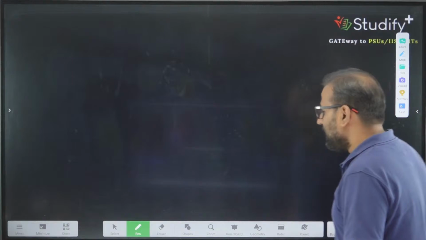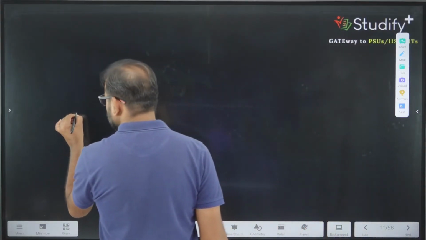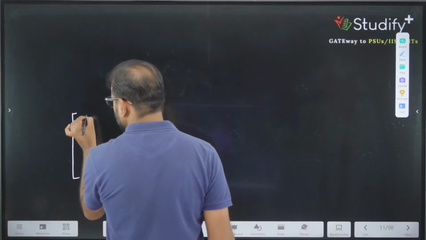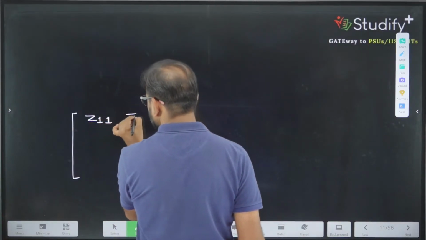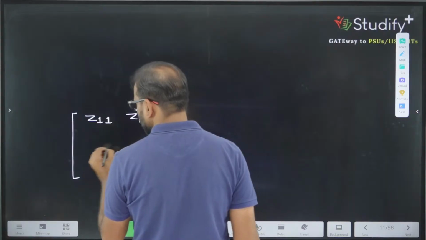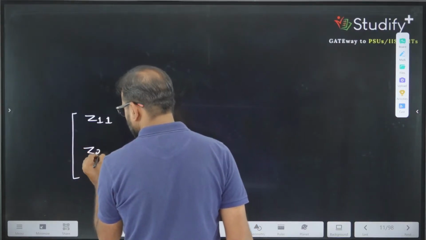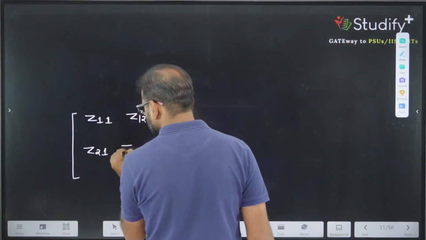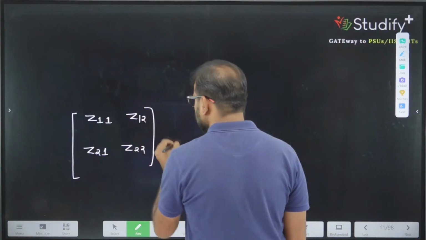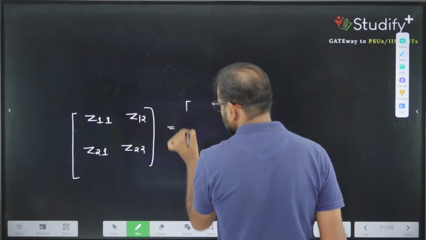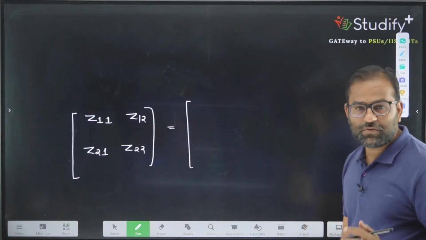So whenever I say that something is a Z parameter for a two-port network, Z11, Z12, Z21 and Z22, I can say there is a meaning for Z11.